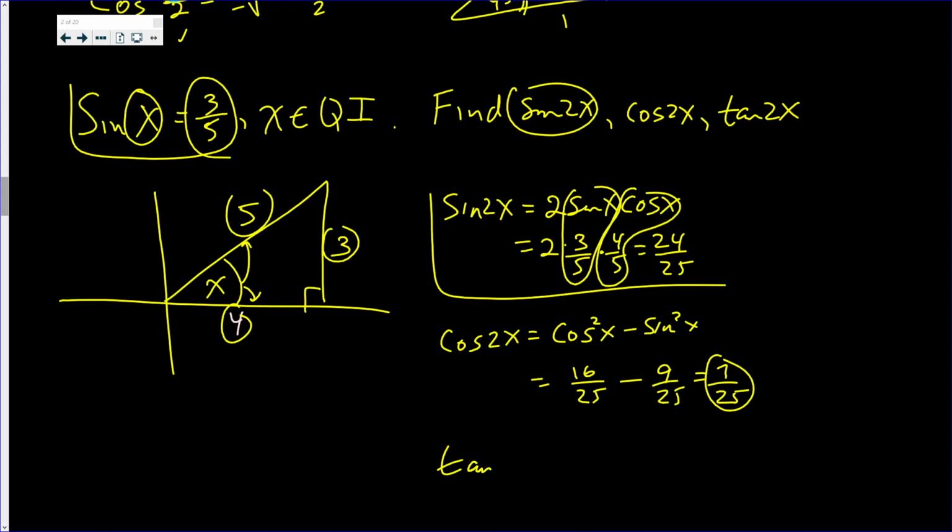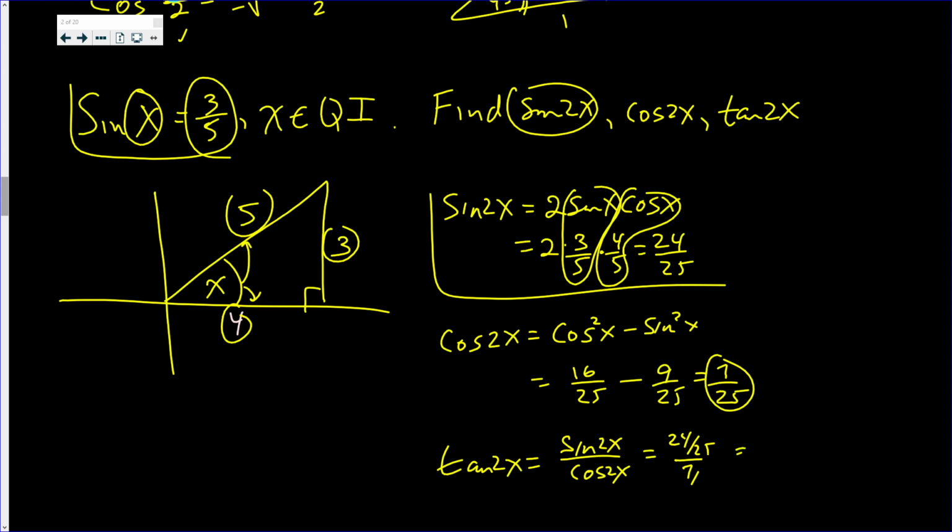The tangent of 2x, well, when we have the numbers in front of us, rather than using the tangent formula, I'll use sine 2x over cosine 2x. Sine 2x is 24 over 25. Cosine 2x is 7 over 25. The 25's cancel.